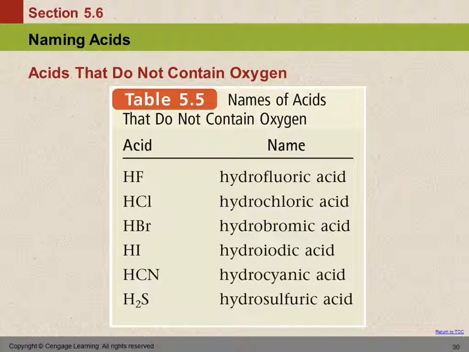Acids that do not contain oxygen. So there's hydrofluoric acid, hydrochloric acid, hydrobromic acid, hydroiodic acid. That one's a little hard to say. But if you think of the prefix hydro, and then this is iodic, hydroiodic acid, hydrocyanic acid, hydrosulfuric acid.